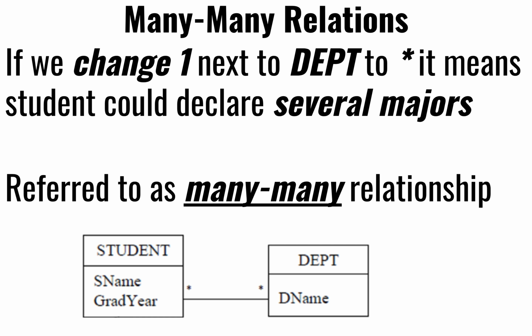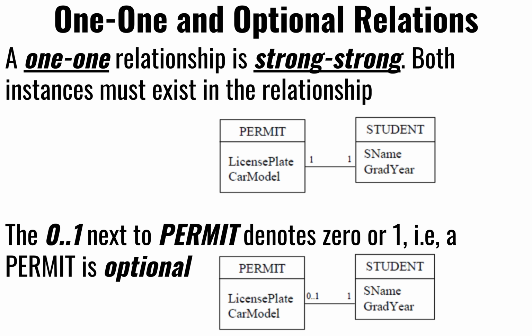Now, these names, oftentimes, these have a nomenclature or a naming convention: if you know exactly how many are participating, if you know exactly that there's exactly 2 or 3 or 4 instances that are participating in the association, we say that's a strong commitment.